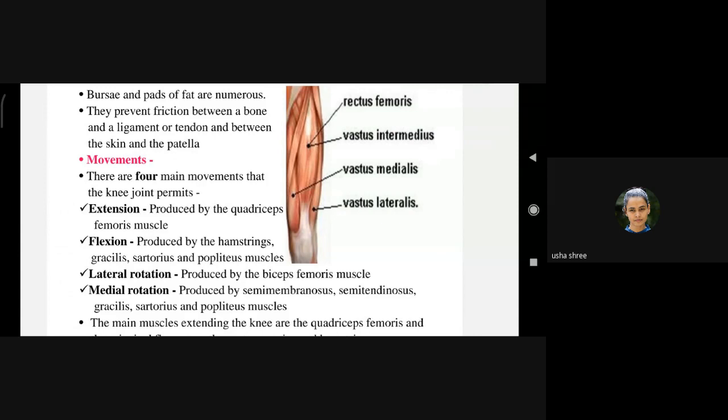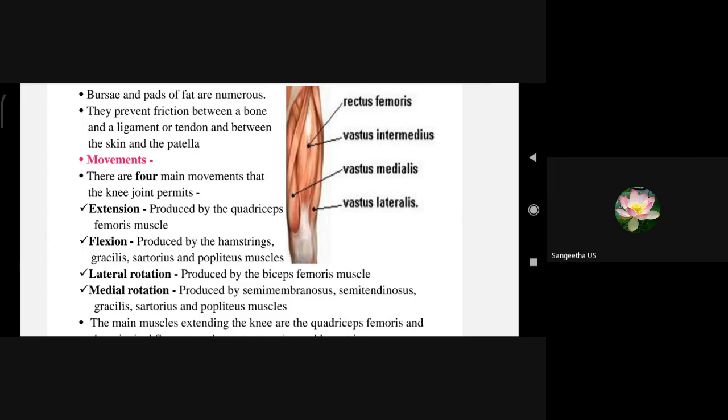If you are standing, then it is extension. If you are sitting, it is flexion. During walking also, flexion and extension are continuously going on. Without flexion and extension, walking is not possible. If we are folding our leg in any way, then it is flexion. What is the largest degree we can extend our leg to? 180.